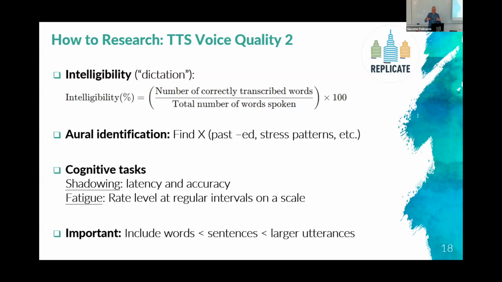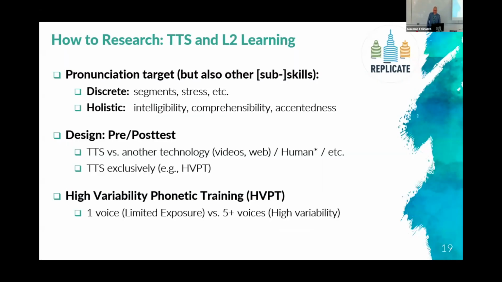We found, for example, that TTS up to around 2019 had a hard time with longer passages. It was okay for words and sentences, but when it came to longer passages, it had a harder time in terms of intonation and prosody.